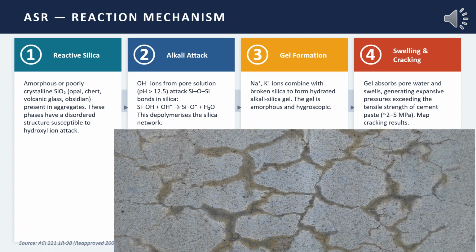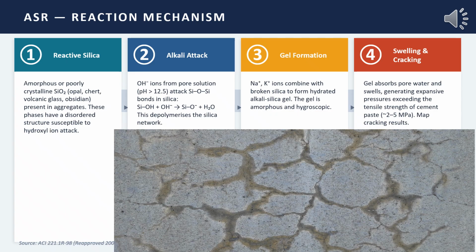Step 3. The broken down silica reacts with sodium and potassium ions in the pore solution to form a hydrated alkali silica gel. This gel is amorphous and critically hygroscopic, meaning it has a strong affinity for water.